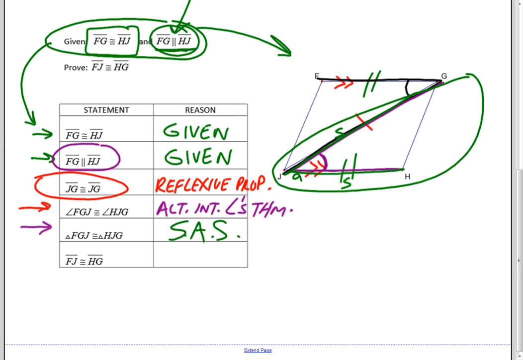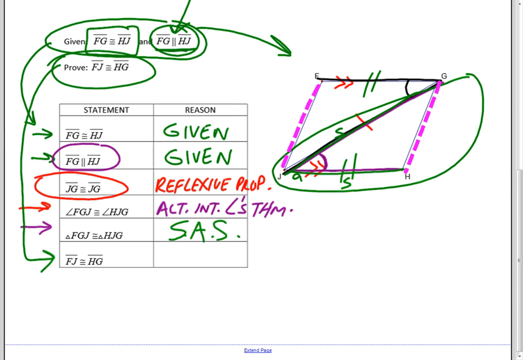This is the chapter on proving triangles congruent, so you're probably going to be proving triangles congruent. But is that what we're trying to prove ultimately? No, ultimately we're trying to prove that FJ is congruent to HG. I'm going to put that in my special purple pen right here. That's what I'm trying to prove. FJ, HG.